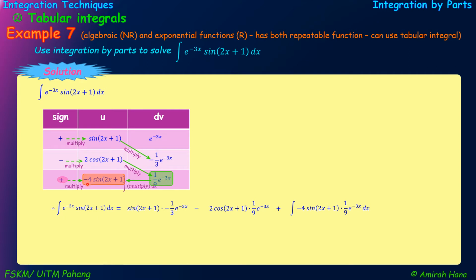Alright, so we have positive and then we multiply this function and then we need to put the integration sign. So we have a positive sign and then negative 4 sine 2x plus 1 multiplied by 1 over 9 e to the power of negative 3x. And then we must put the integration sign and dx.